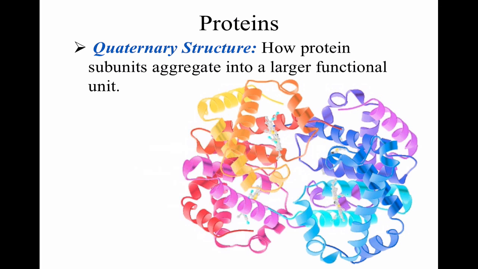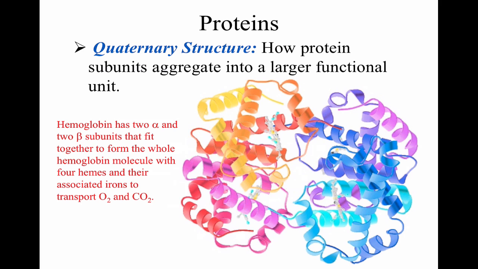Large biomolecules. Something like this. That's pretty complicated, isn't it? But that's the quaternary structure. This is hemoglobin. So they have 2 alpha units and 2 beta units that actually come together to form hemoglobin. And hemoglobin is important. Why? Yeah, oxygen carrying, right? Very, very important.